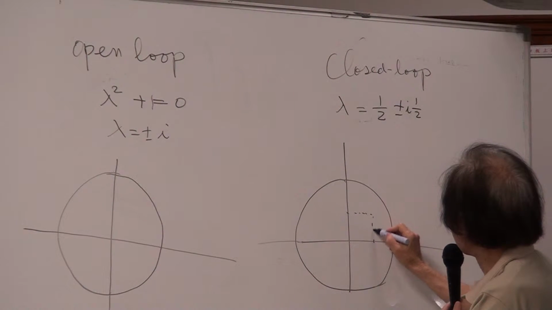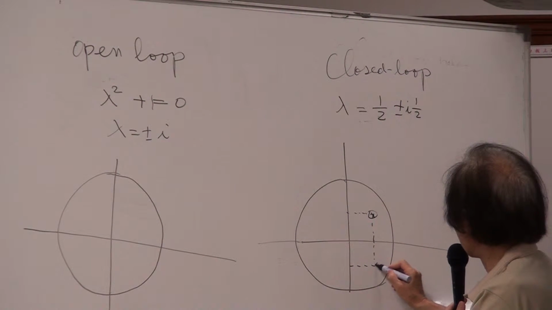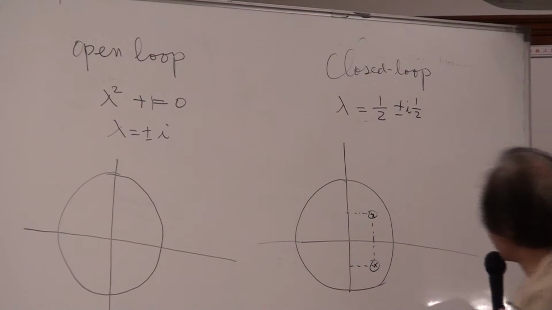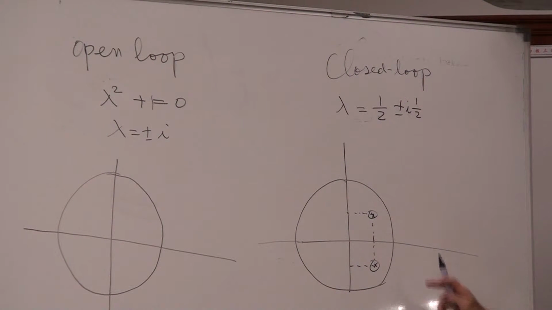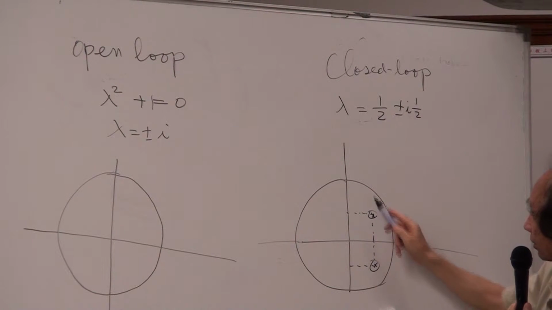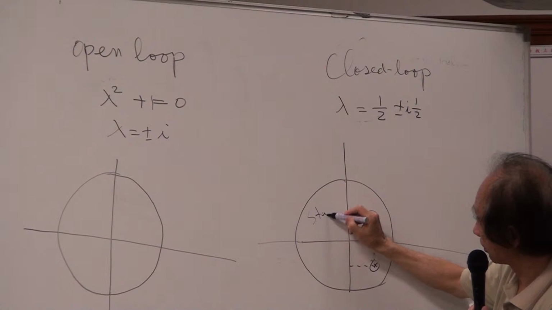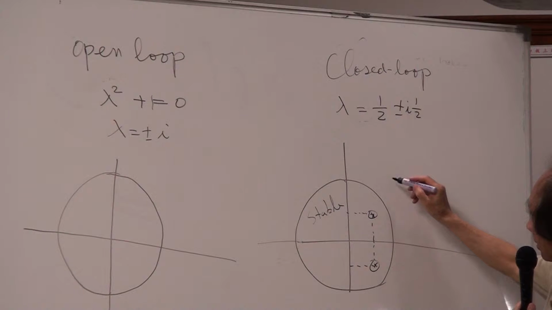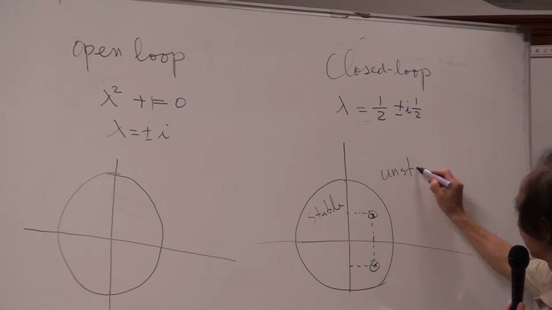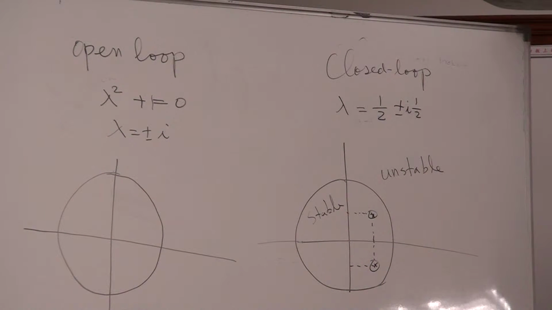That is inside the unit circle. That's my closed loop pole. And notice this lambda is not negative. As long as you are inside the unit circle, this is stable. As long as it is outside the unit circle, this is unstable. Agree?